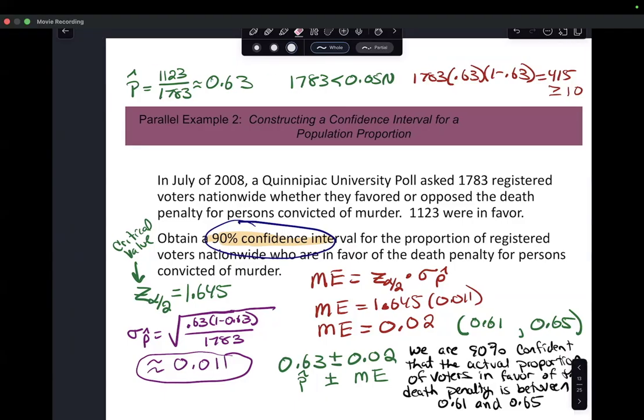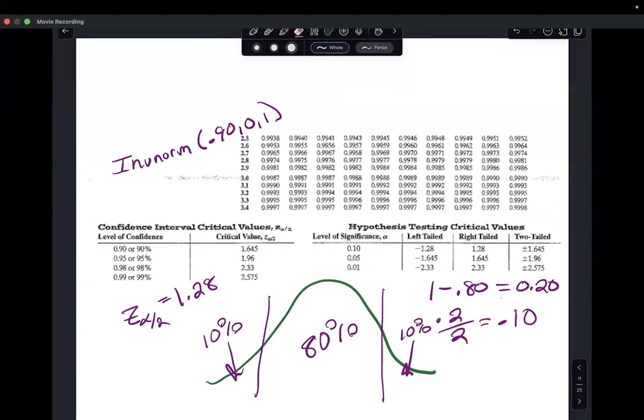So basically what's happening is, I don't want to lose you. This right here is where I got the critical value. If this was 90%, the middle 90% is right here.